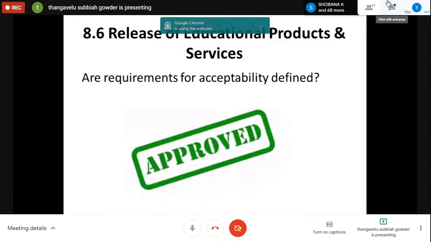Whether he has completed all the university or our college requirements, whether those records are available and properly maintained, only after satisfaction of this, he has been released. So those records will be maintained. This is called positive release.